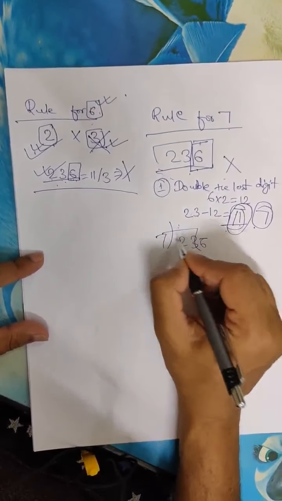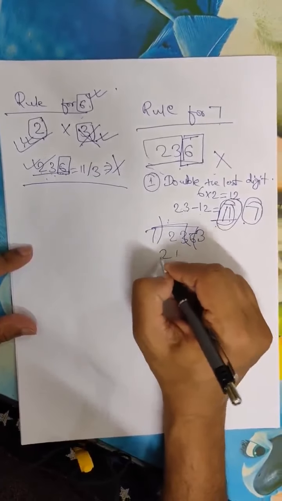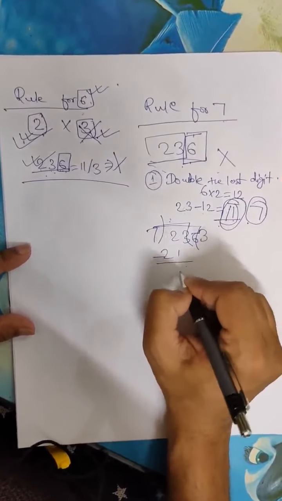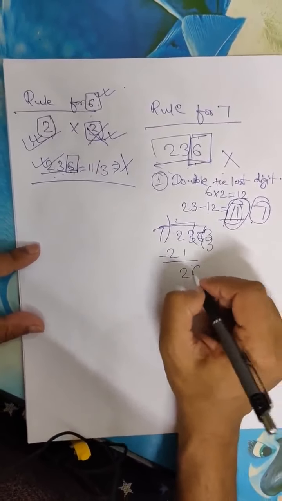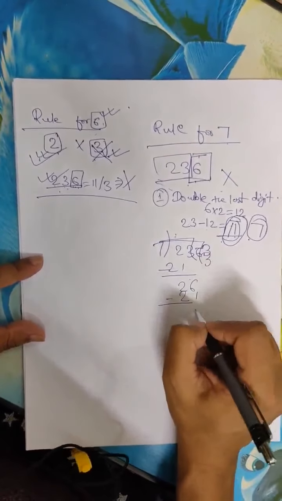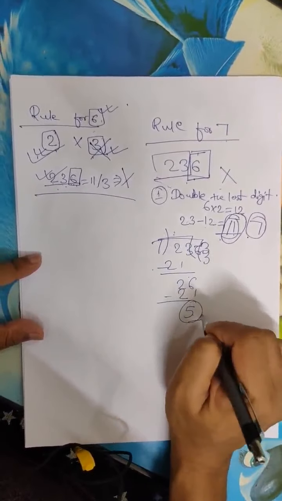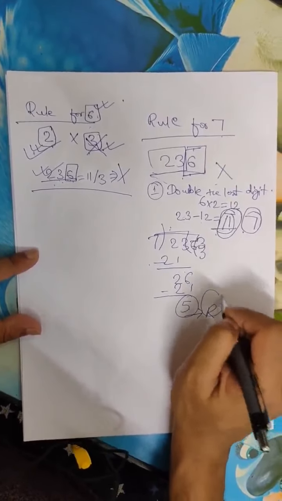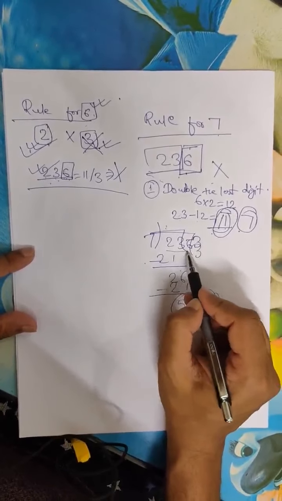7 3s are 21, and we are remaining with 2 and 6. 7 3s are 21. What we have now, we are left with 5. 5 is not divisible by 7, so we still have a remainder, and if we have a remainder, that means the number is not divided properly.